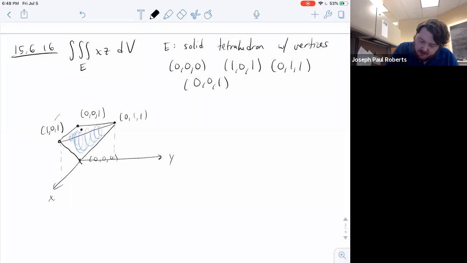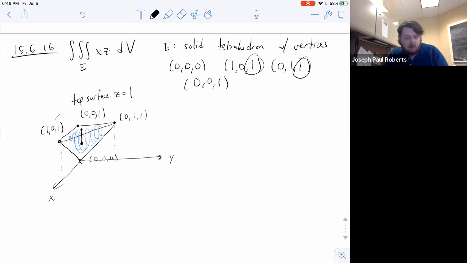We're stopping at this plane z equals 1. Because if I look at these 3 points, they have z coordinate equal to 1. So certainly they live on the plane z equals 1, but then remember 3 points determine a plane, so that has to be the top surface here.